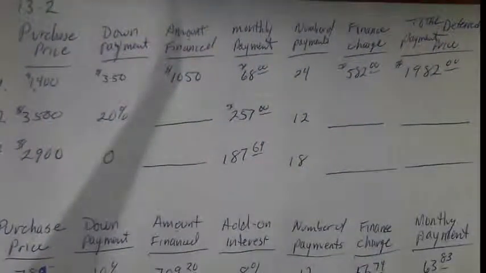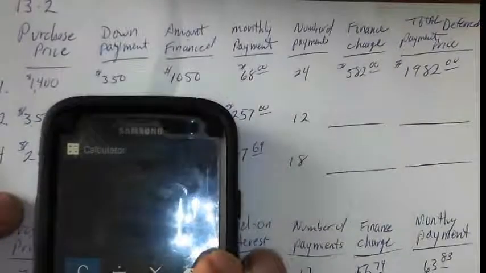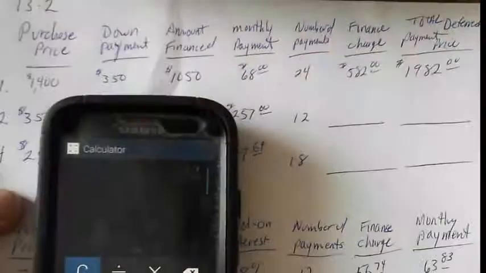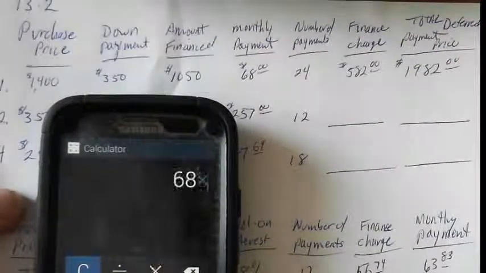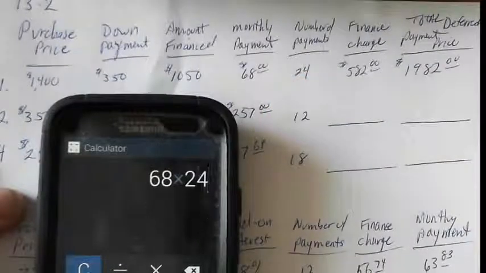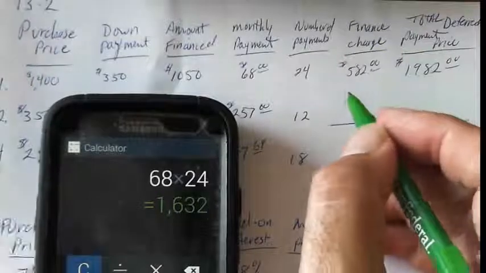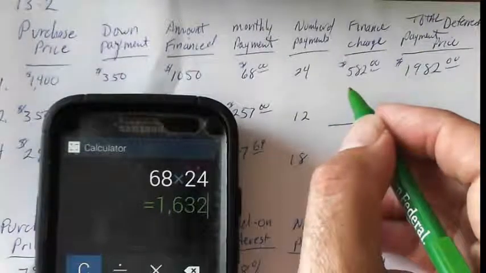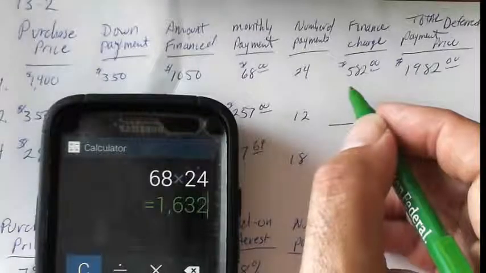Well, how did they get that? Well, pretty straightforward math problem. If you have a monthly payment of 68 and you have 24 payments, that is going to give you $1,632 for the amount paid.